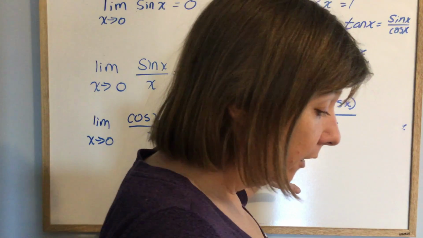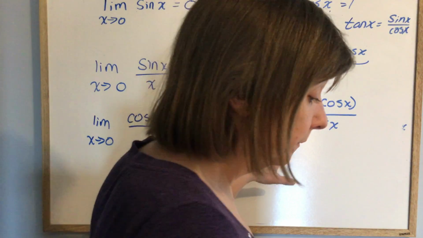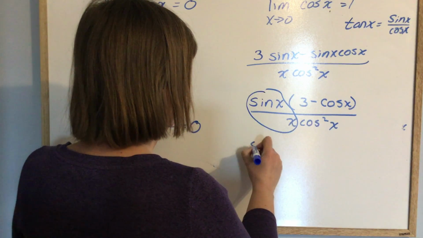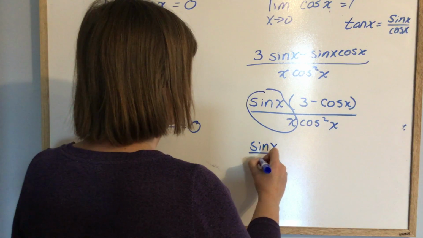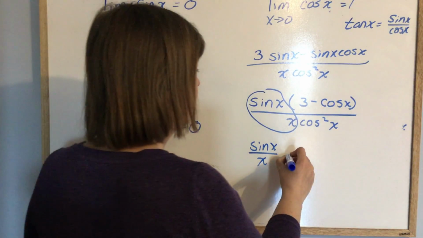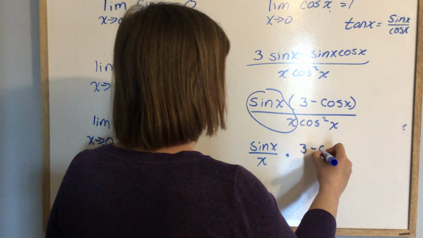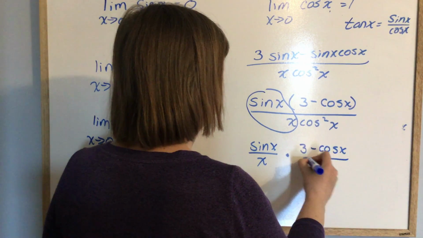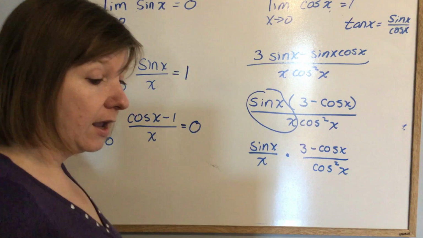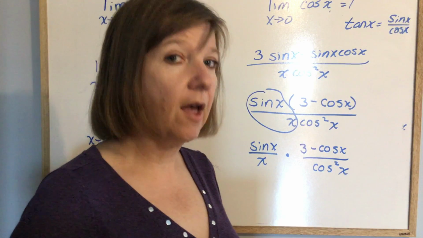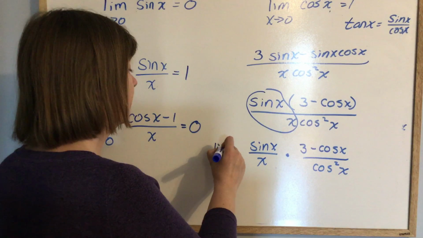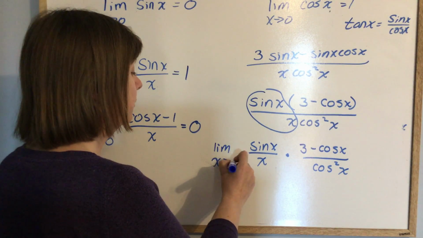So now what I would do is break this apart. I would have sine x over x, because that's a limit I know, times 3 minus cos x over cos squared x. It's at this point that they say you can start replacing things. Remember, my limit is that x is approaching 0.